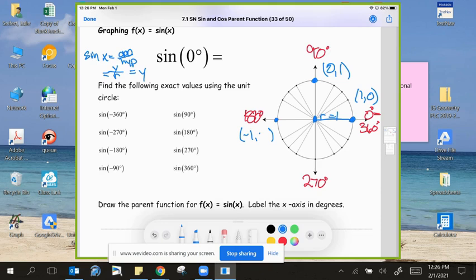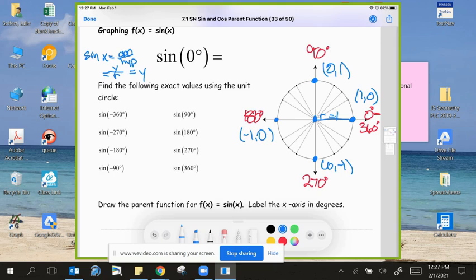Negative 1, 0. Okay, and 270 would be 0, negative 1. Those are your coordinates. Those are the xy values that we can use here.